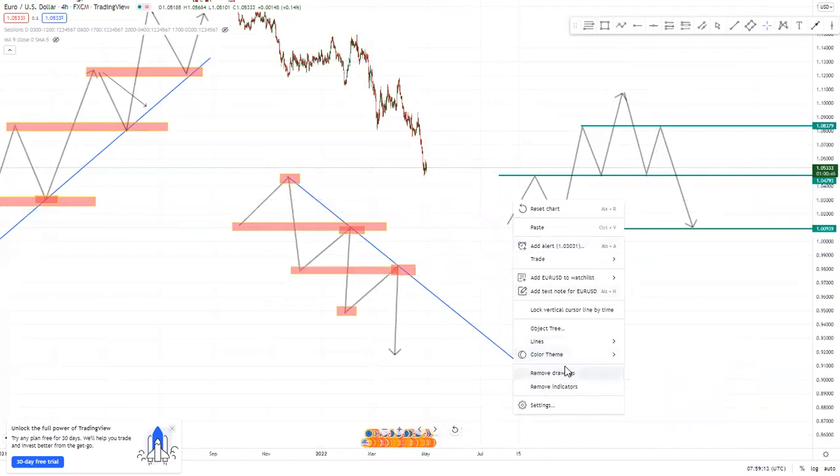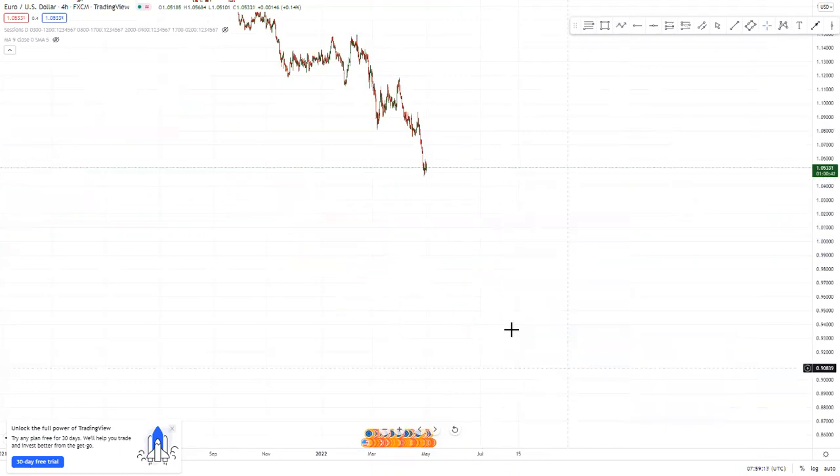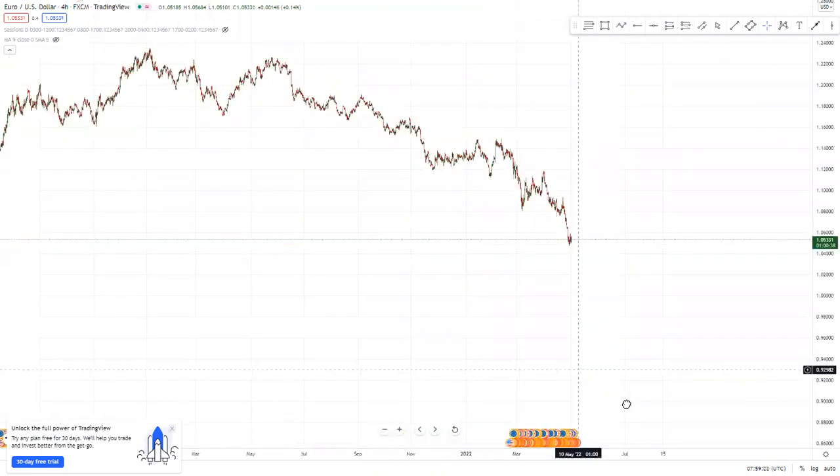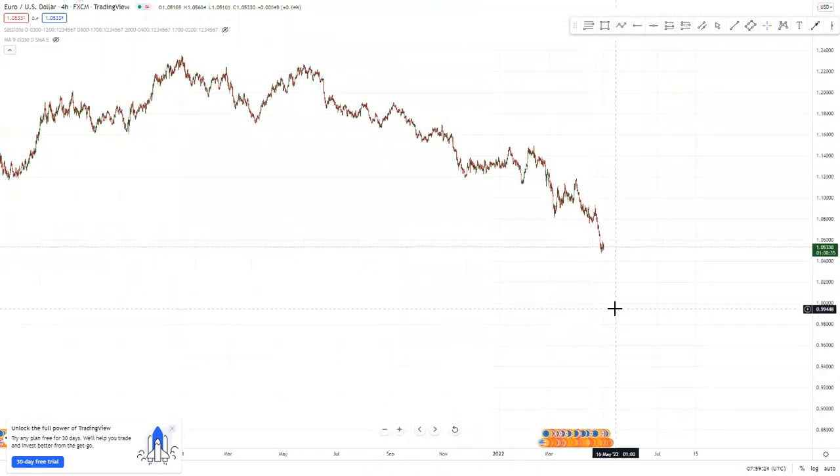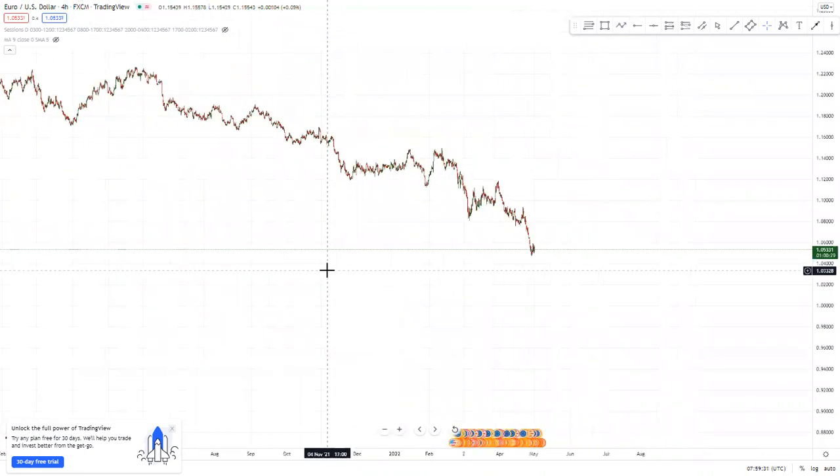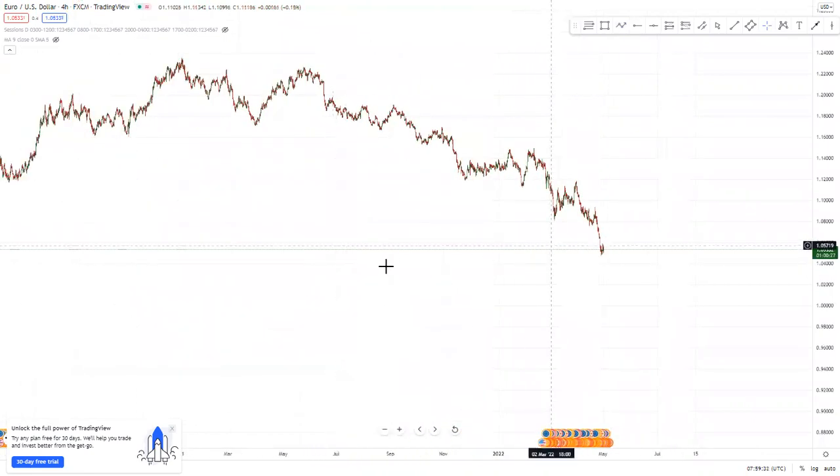So let's go to our chart and let me give you a typical example of what I mean on a chart. So everyone will agree with me that this is a typical, sorry now. Okay, thank you.